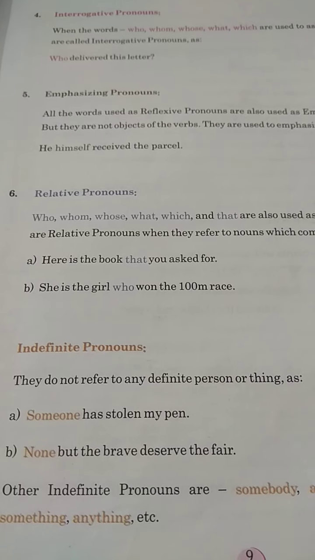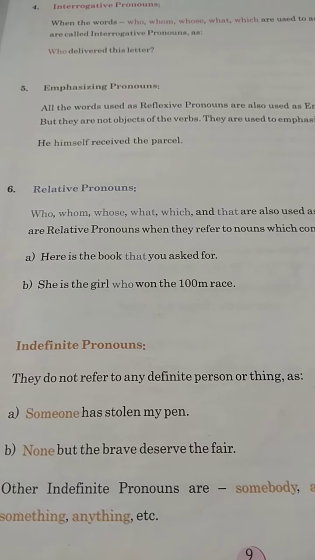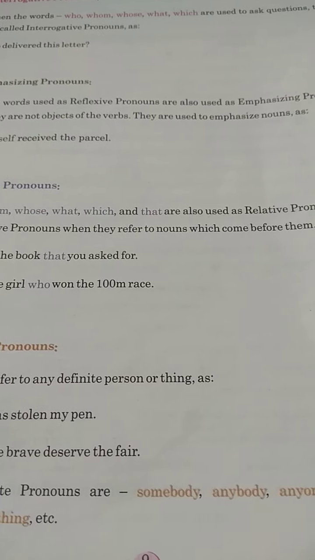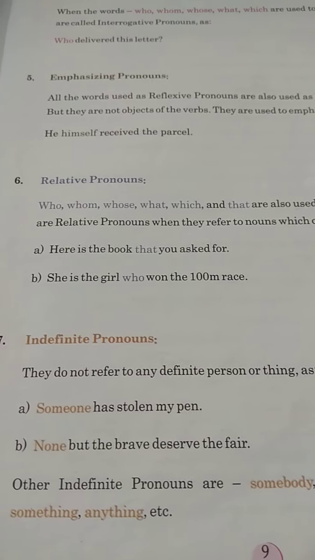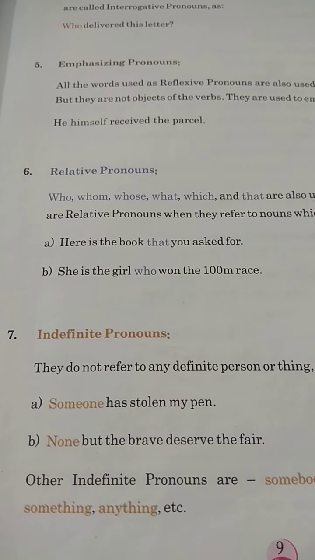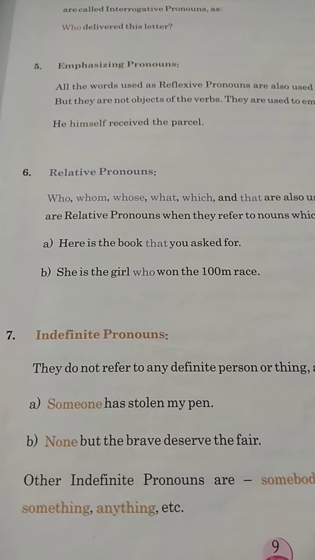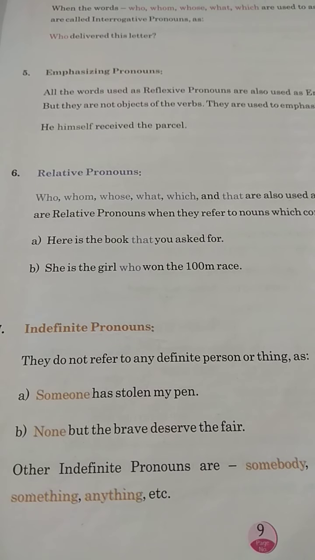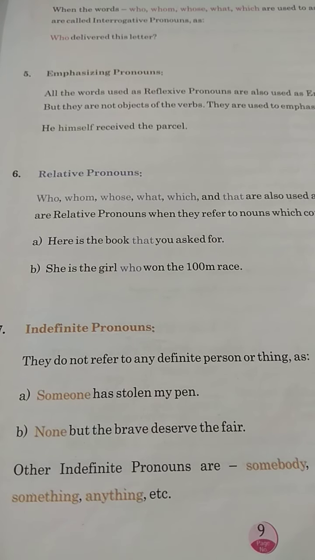Then after, interrogative pronoun. When the words who, whom, whose, what, which are used to ask questions, they are called interrogative pronouns, as in: who delivered this letter? Let's see some more examples. Who is he? Whom did you see there?